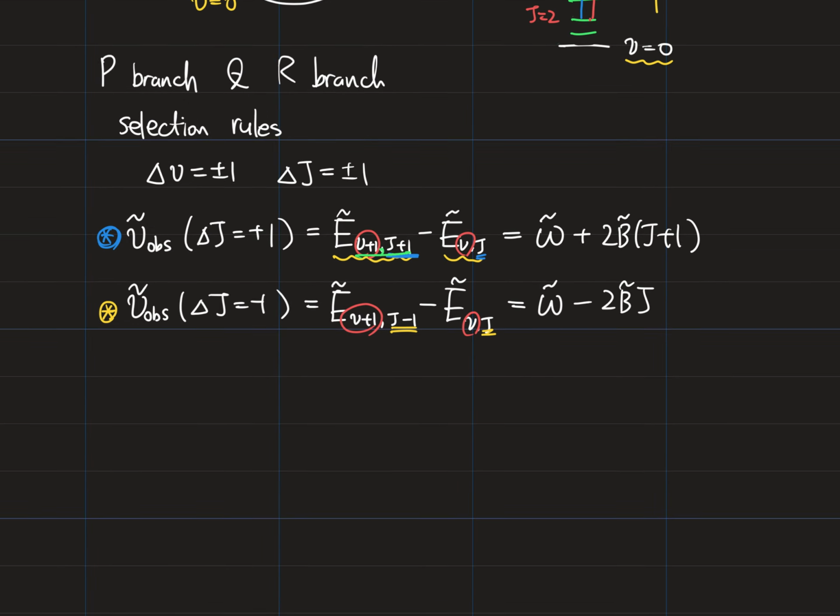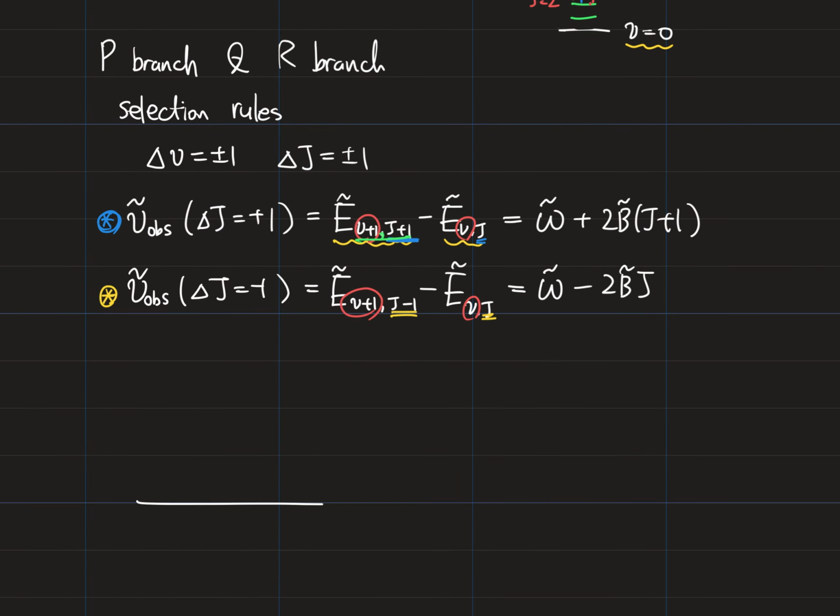When you take the IR spectrum, if the molecule does not rotate, you would only have one vibrational transition, like here. But the molecule is always rotating and vibrating together.